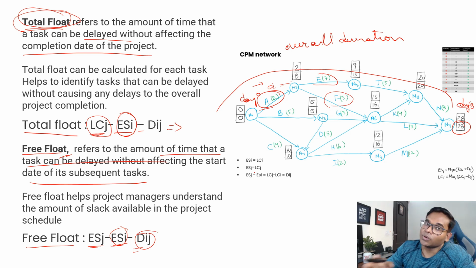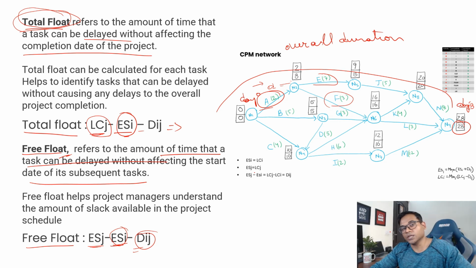We'll put this in tabular format and see for each activity how much float we are getting and what it actually means in a physical sense, in terms of the project. That's what we are going to do in our next session.